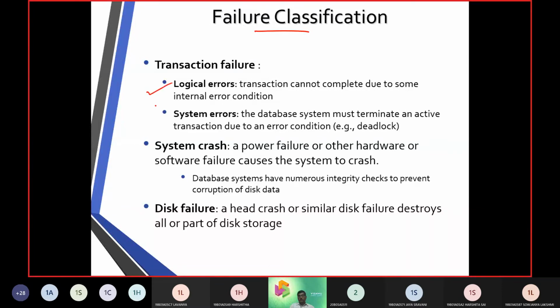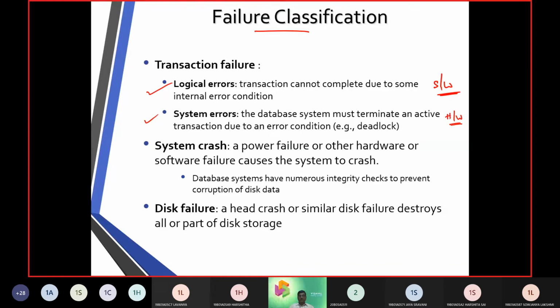One we call a logical error, and another we call a system error. A logical error is taken up with the software, and a system error is with the hardware.